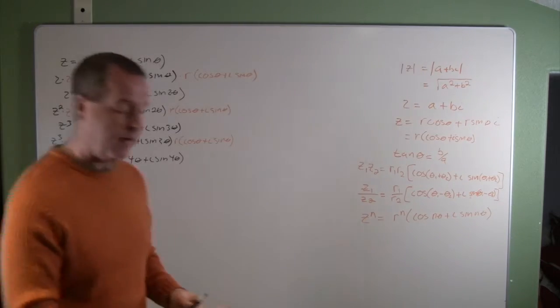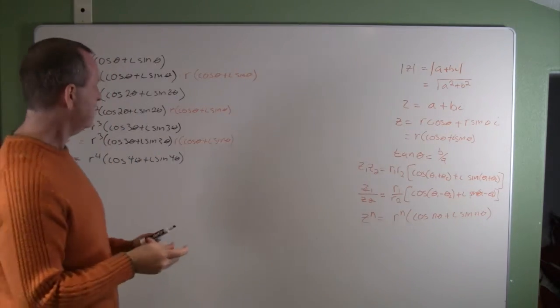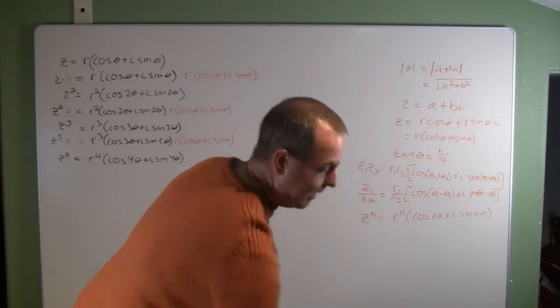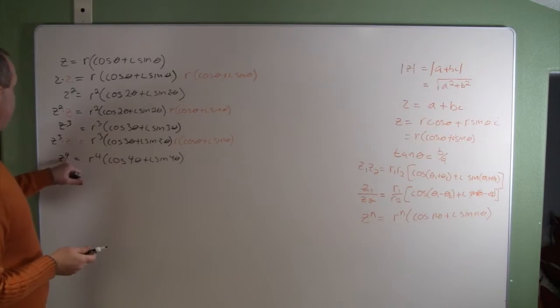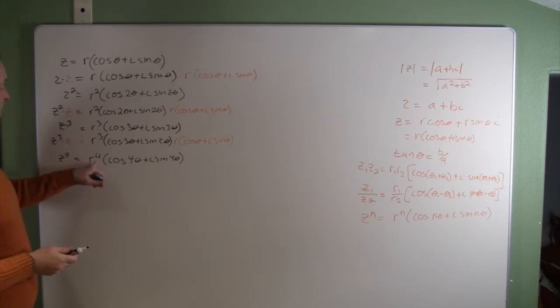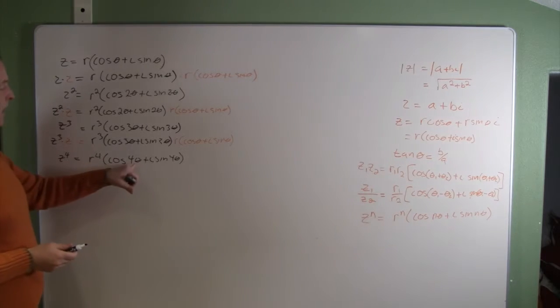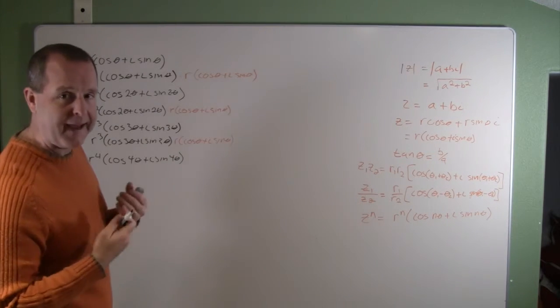Tracking along, seeing a pattern there? We've discovered a pattern: for every index that I raise z to, I'm raising its modulus to that index, and I'm multiplying the argument by that index as well.